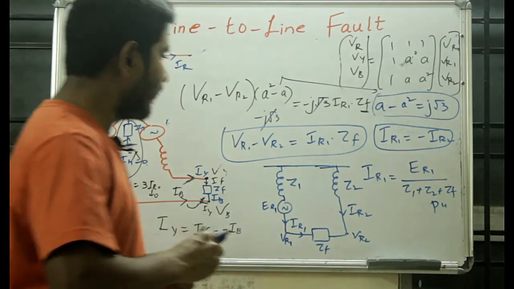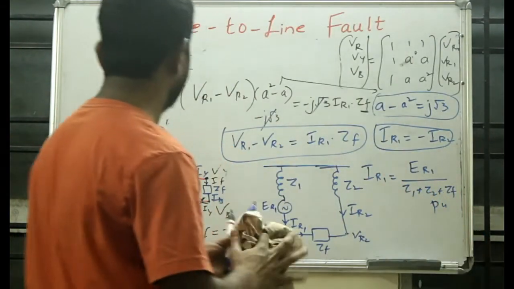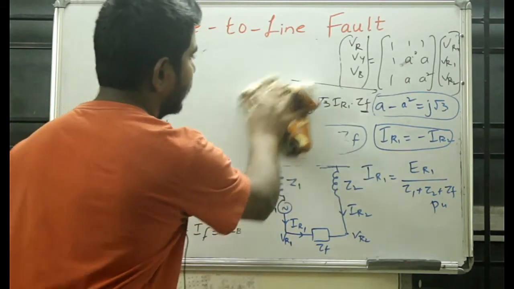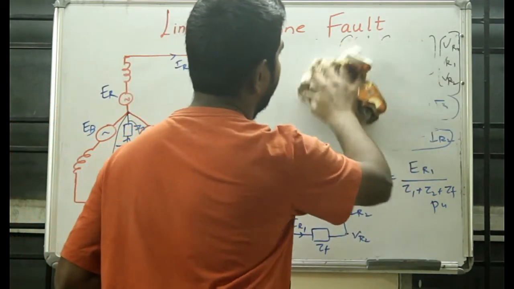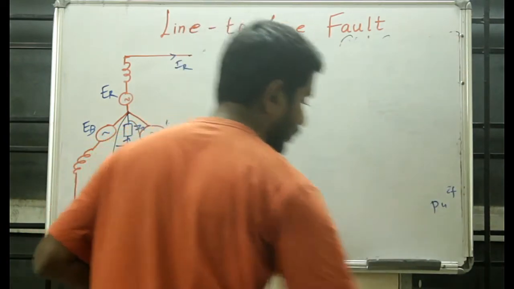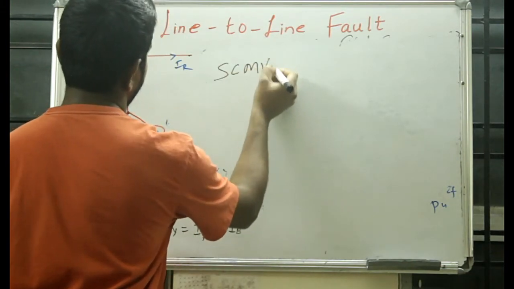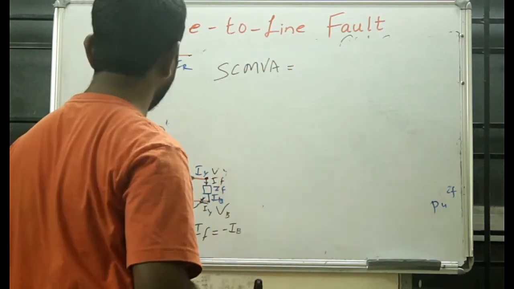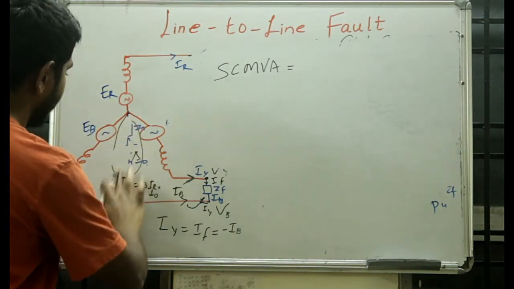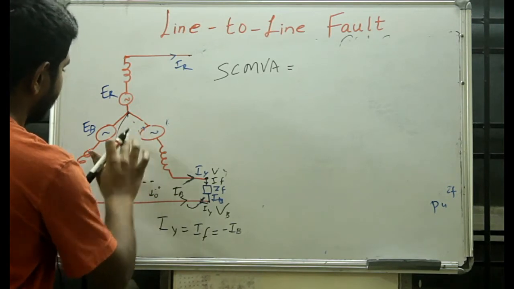Now if we find the short circuit MVA for this circuit, this can be found in many ways. You can see from the circuit here that we do not have any neutral, because neutral current is 0.